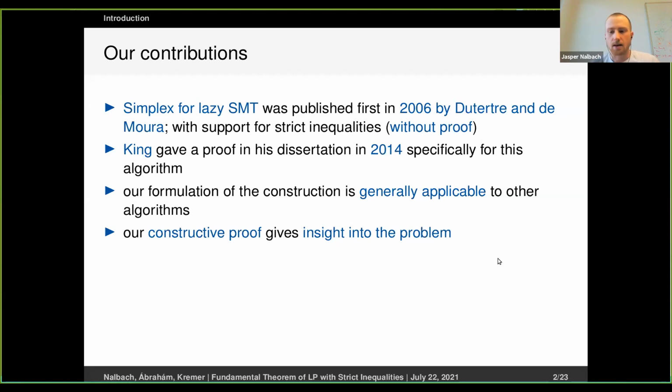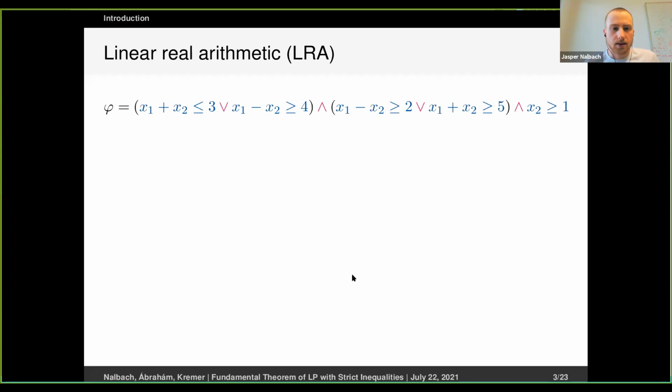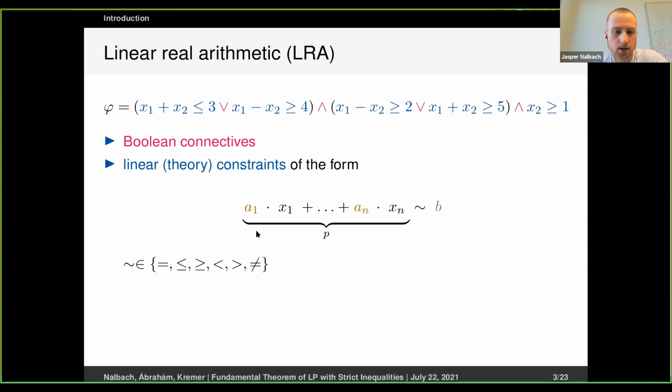Our problem is to solve linear real arithmetic, which are Boolean combinations of linear constraints of the following form. We have variables and coefficients, and the coefficients are from some field.